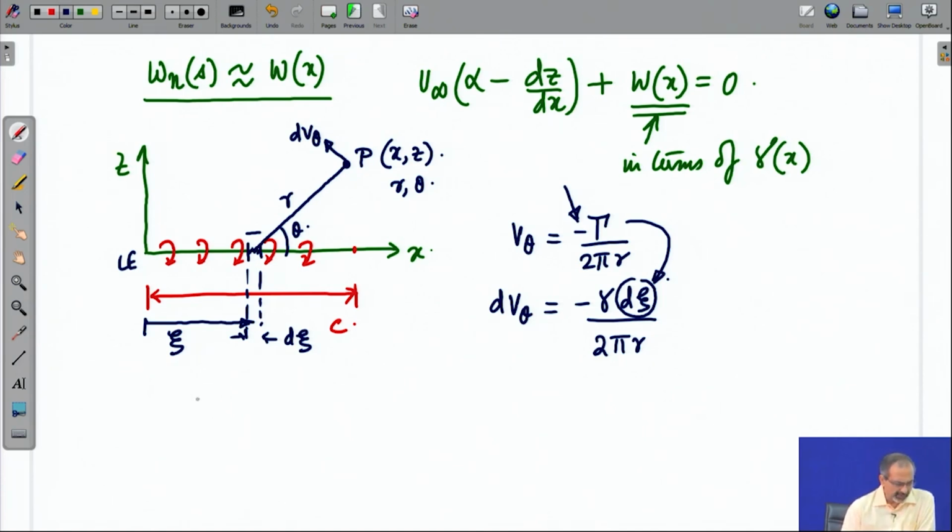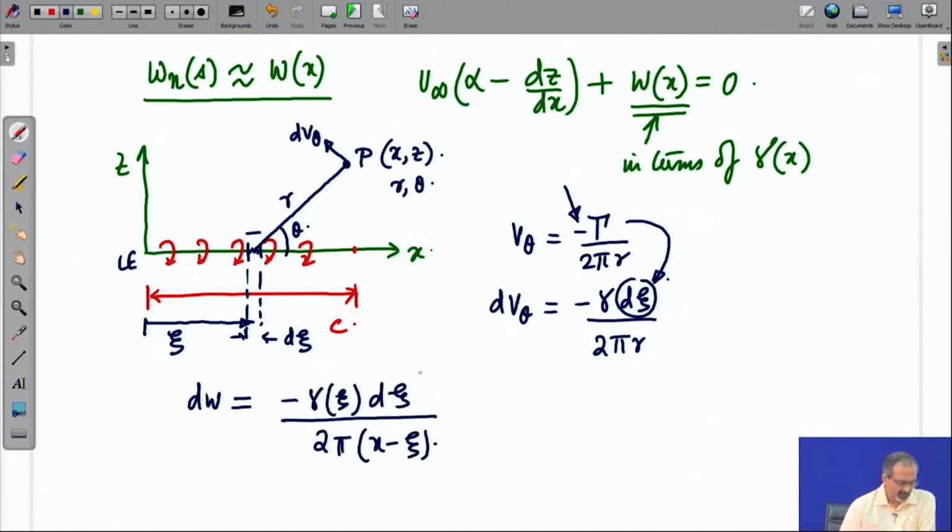Now, the velocity dw at a point x induced by this elemental vorticity will be given by an expression like this. The idea is that this elemental vorticity, how much w will it induce at some other location x, which is on the chord line itself.